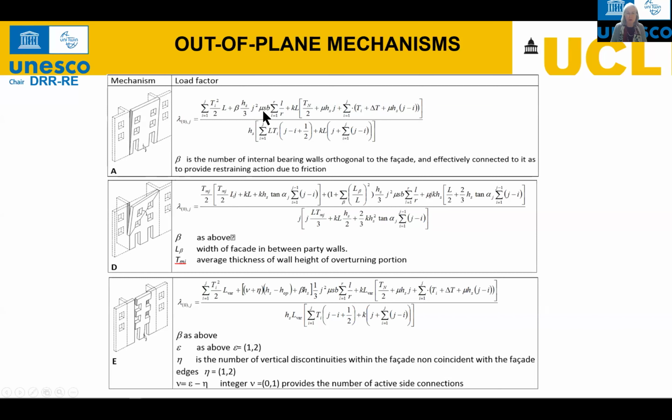Mu here appears as the friction coefficient, which together with the size, staggering and length of the brick will allow us to determine the friction effect that will help restrain the wall from overturning.